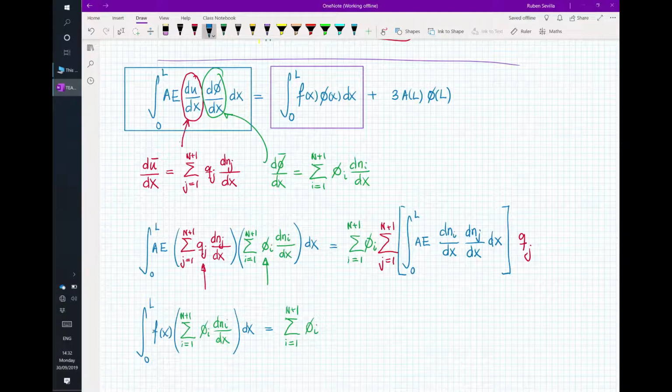Inside the integral I only need, oops, no one complained here, but my shape functions are not differentiated here. On the right hand side I don't have derivatives. On the right hand side, f multiplied by this phi. No derivatives. That's the difference with respect to the left hand side. So the shape functions are not differentiated. And inside the integral is the external force and my shape function. That's it.